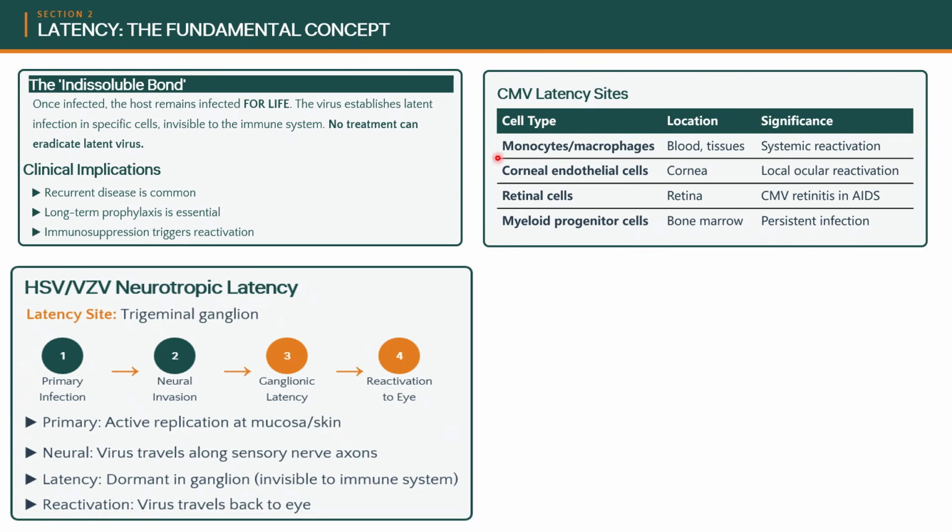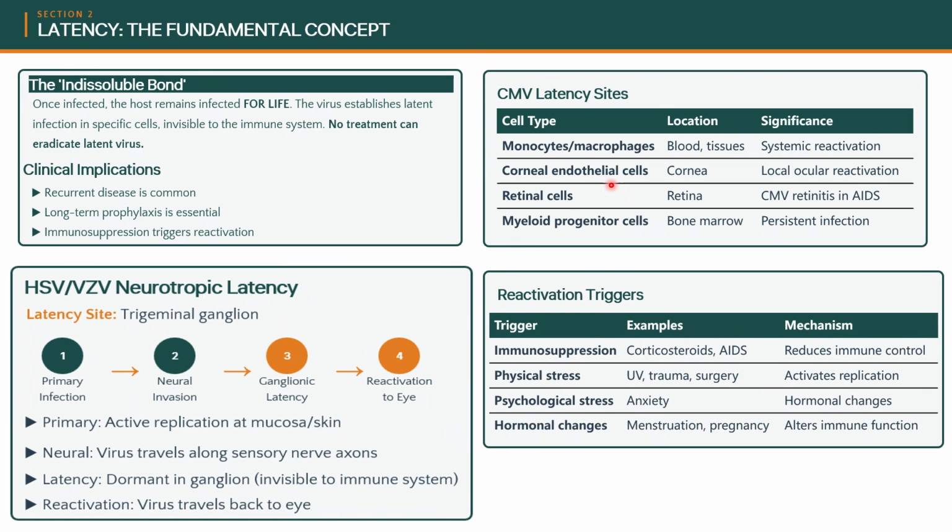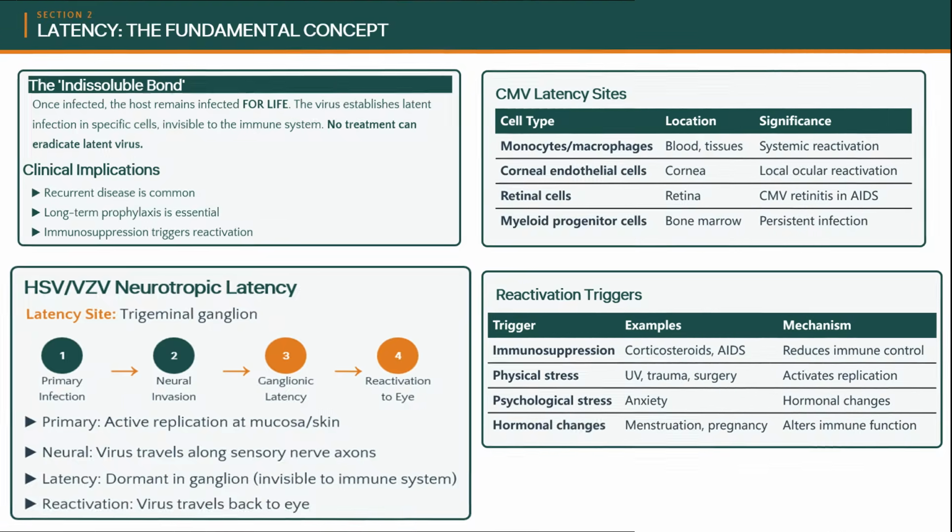And the corneal involvement in cytomegalovirus, due to endothelial reactivation, can lead to corneal decompensation. So this should be kept in mind. And as I said, the trigger factors are different causes like immunosuppression, physical stress, psychological stress, or hormonal changes. All these can trigger the activation.